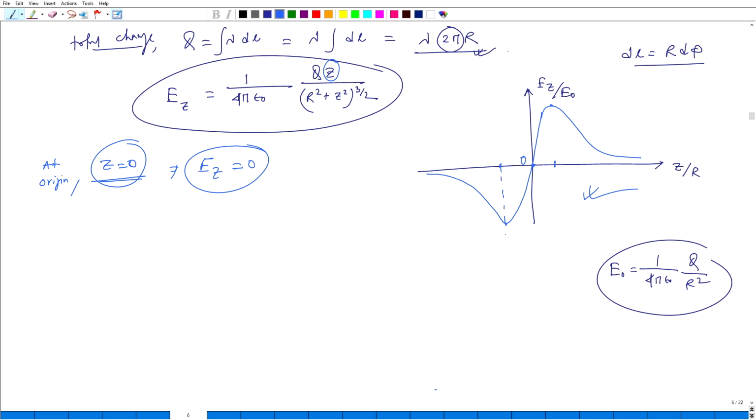In the next class we will discuss the maximum point, where this electric field becomes maximum. So the maximum is at actually 1, that means z at distance r, so that at z equals r, Ez becomes maximum.